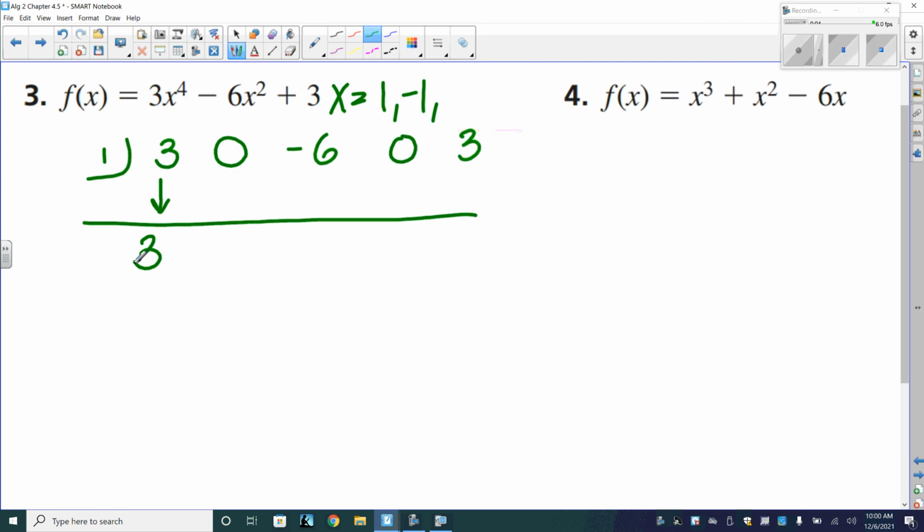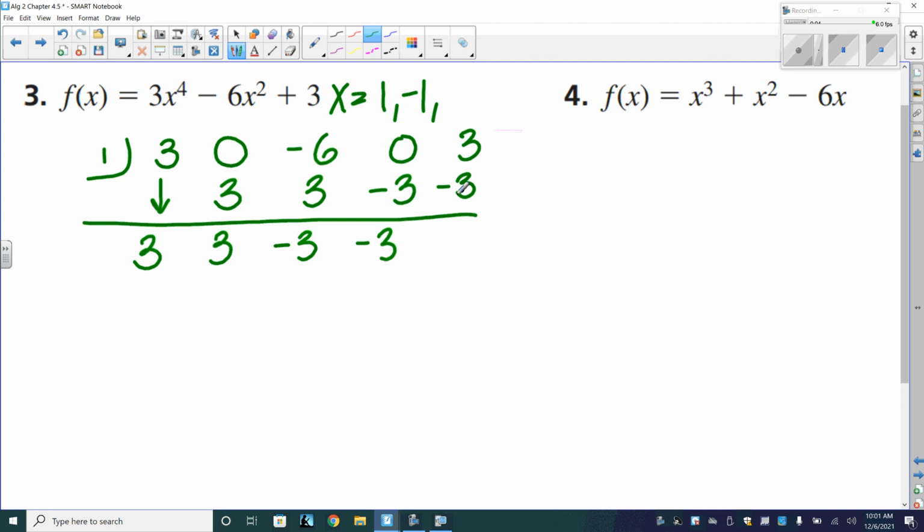And then we would bring down the 3. 1 times 3 is 3. Add straight down, 0 plus 3 is 3. 1 times 3 is 3. -6 plus 3 is -3. 1 times -3 is -3. 0 plus -3 is -3. 1 times -3 is -3.